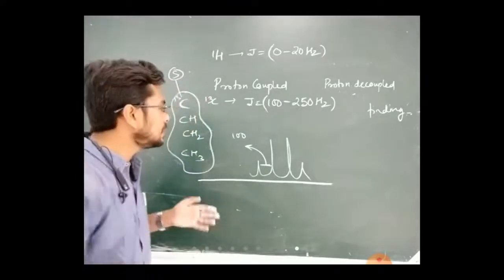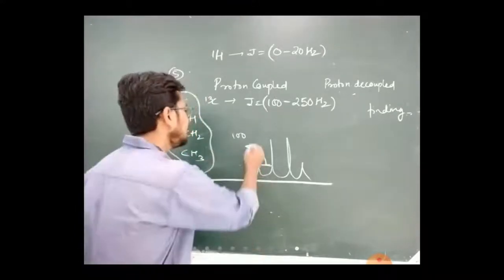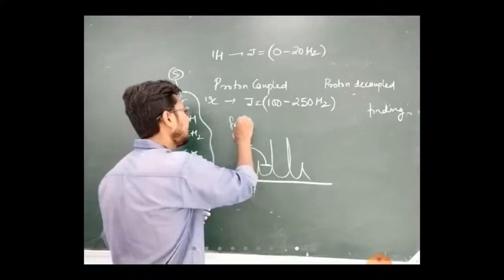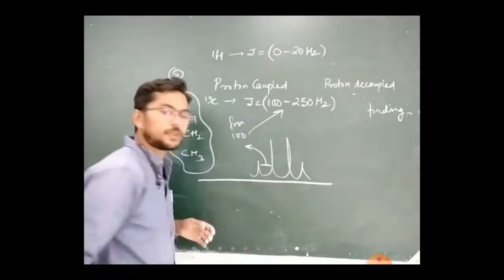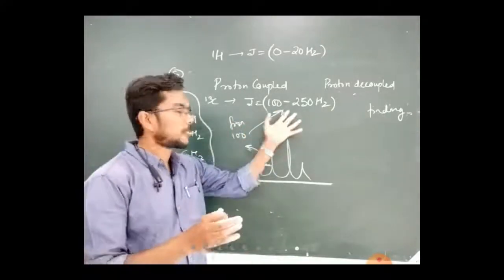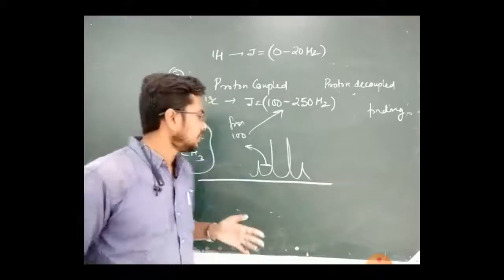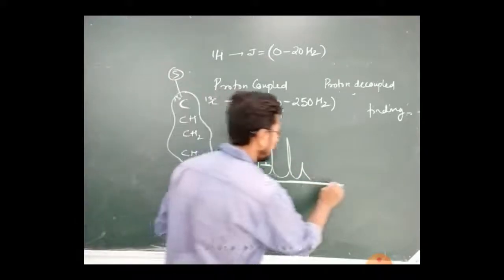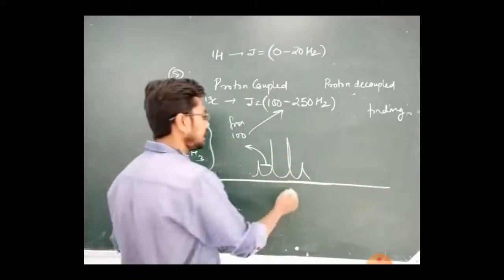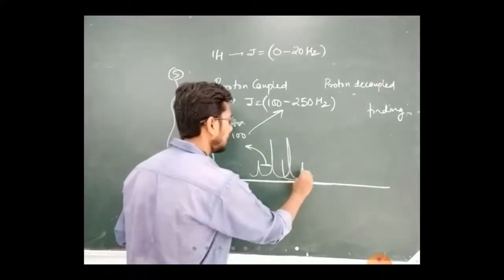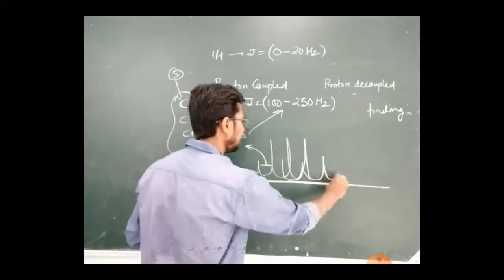But the problem is the range is very high. The range is from 100 to 250, and because of this wide range, there may be a scenario where this is coming here, and then there is another triplet where one peak is coming here, one peak is coming here, and one peak is coming here.